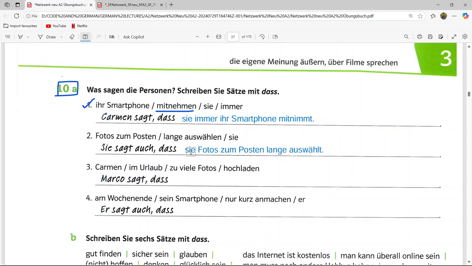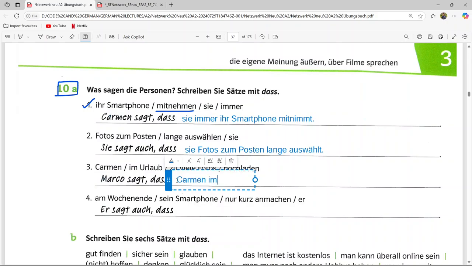Next one is hochladen, means upload. Okay, so the verb is this one, hochladen. Okay, so Marco sagt, dass, so Marco said that, saying about Carmen, Carmen im Urlaub so viele Fotos hochlädt. Okay, so very easy.